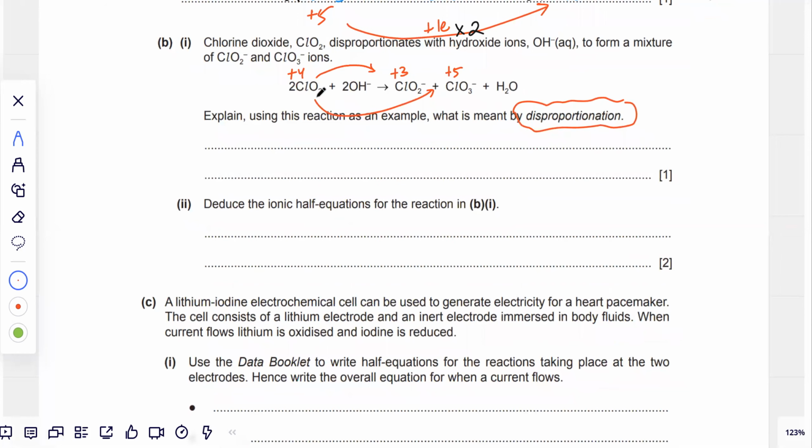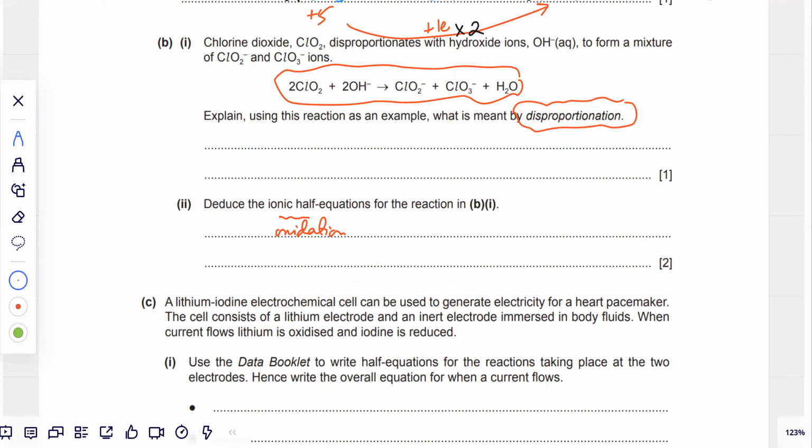And he's saying write the ionic half equations. Now again, we know how to make the full equation. You're not supposed to do the opposite. So basically this one is a combination of two reactions. There's an oxidation reaction and there's a reduction reaction.